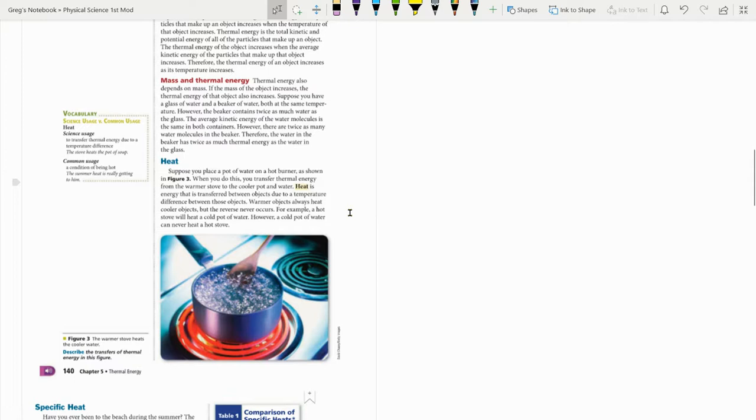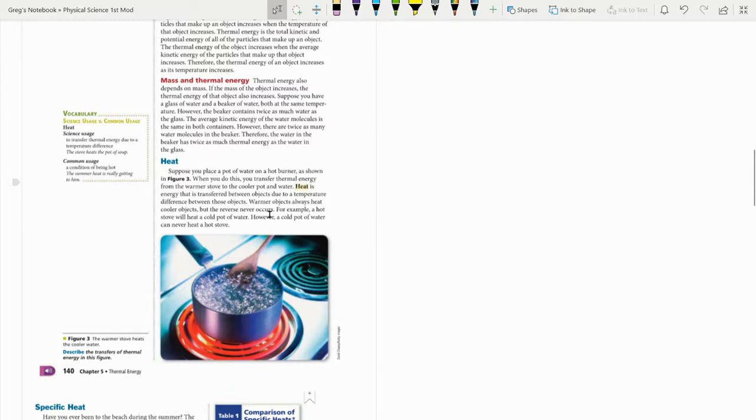It'll continue to feel cold until the kinetic energy of the particles in your hand makes the metal warm up, until the particles in the metal are moving the same speed as the particles in your hand. Then that transfer of heat stops.